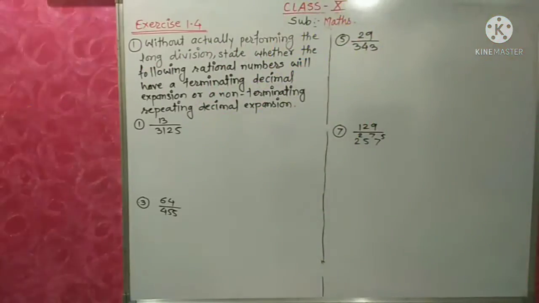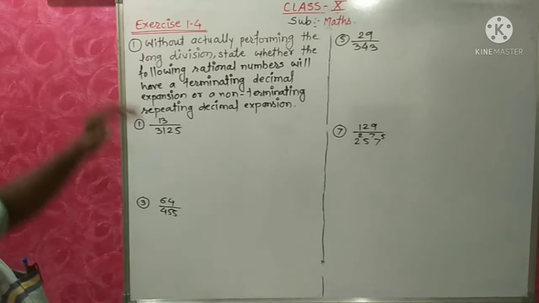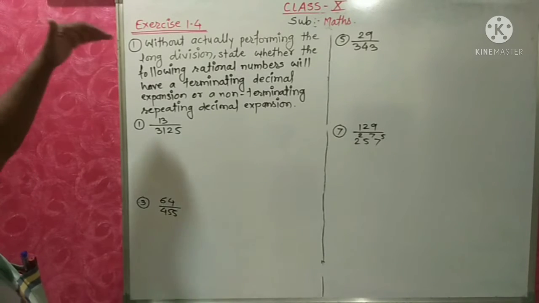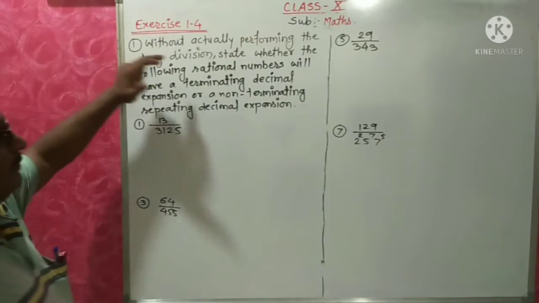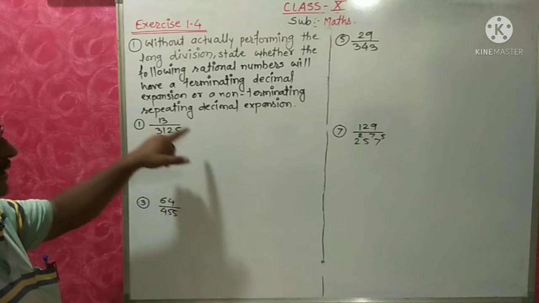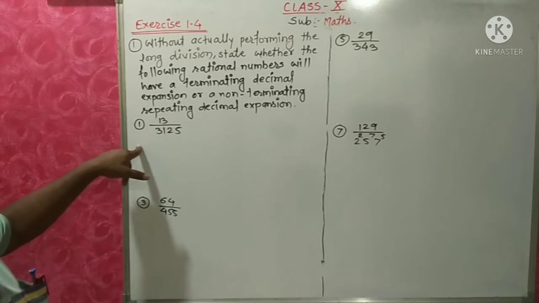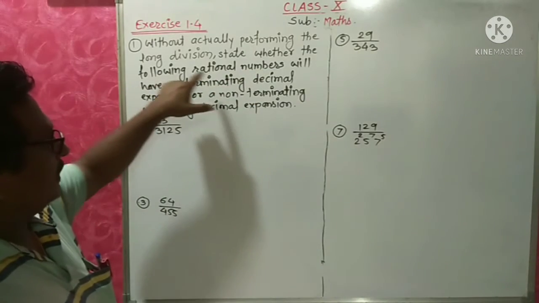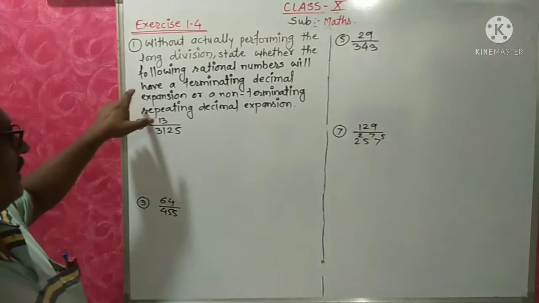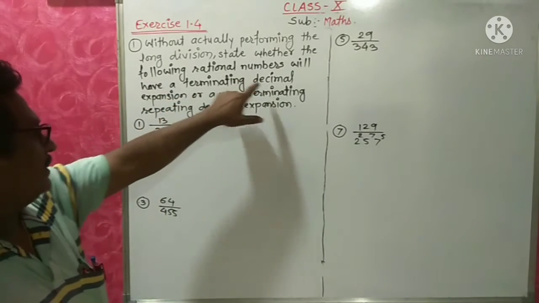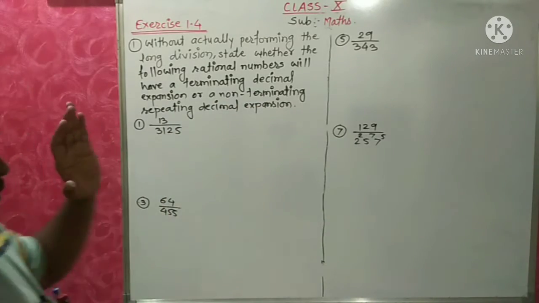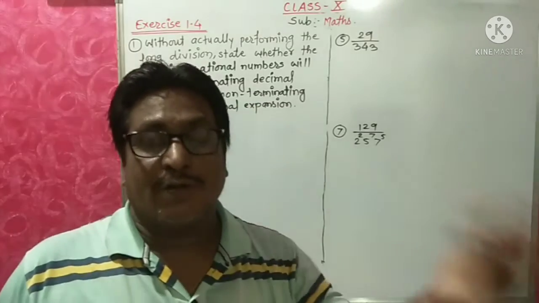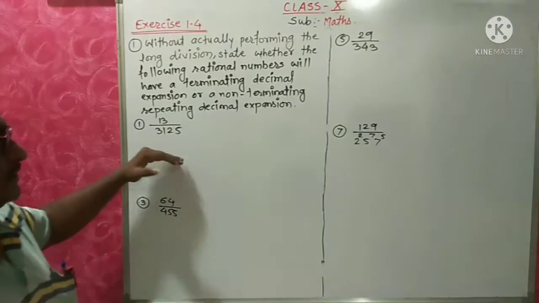Now exercise 1.4, first question. Without actually performing the long division, state whether the following rational numbers will have terminating decimal expansion or non-terminating decimal expansion. So without doing actual long division, we have to decide it.